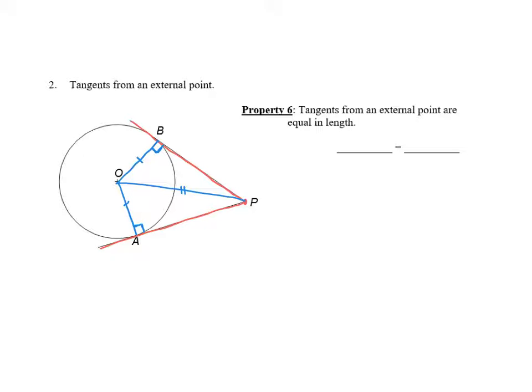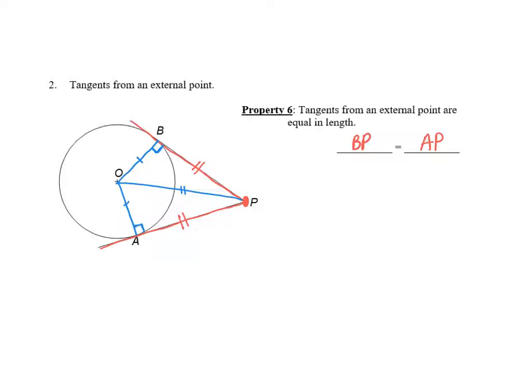So this line OP cuts it into two congruent triangles. As a result, the length over here BP is equal to AP. That's why the property says, tangents drawn from the same external point are equal in length. Now, that means, in this case, BP will be equal to AP.